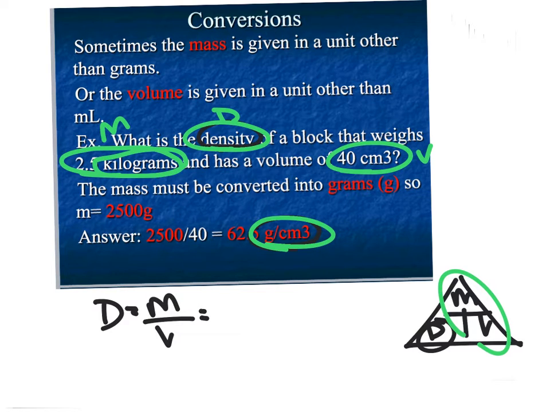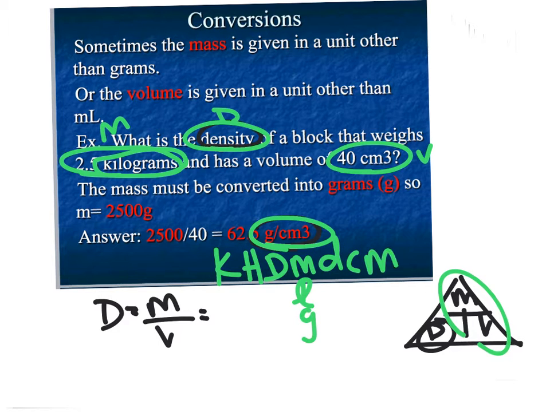So if you remember from the beginning of the year, we had our king, hector, demanded, here's our center unit, mlg. More delicious chocolate milk. We have to convert that back into grams. So we're starting here, and we need to end here. So we're going to jump to the right 1, 2, 3 times.